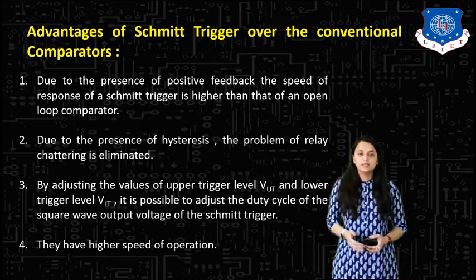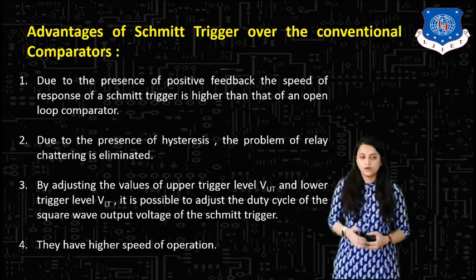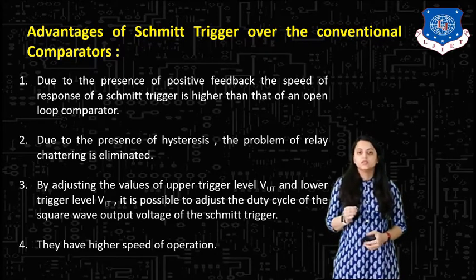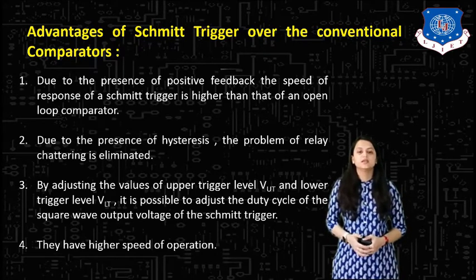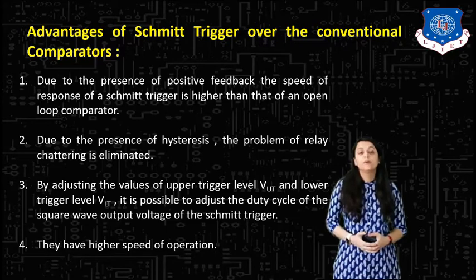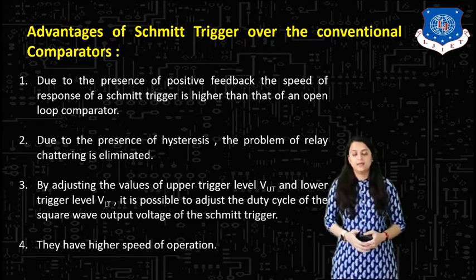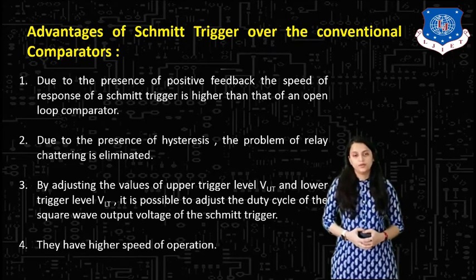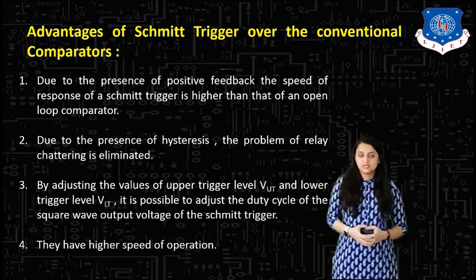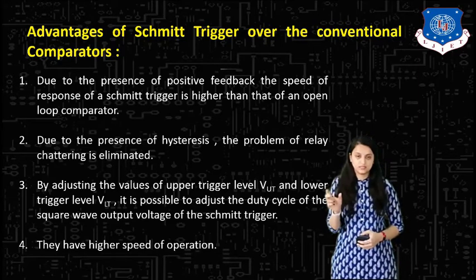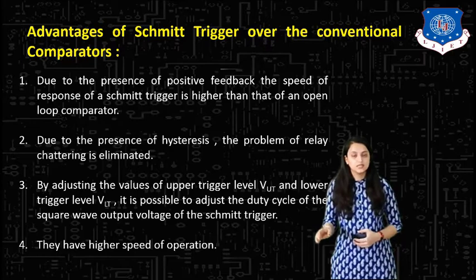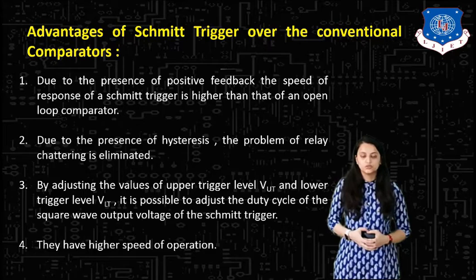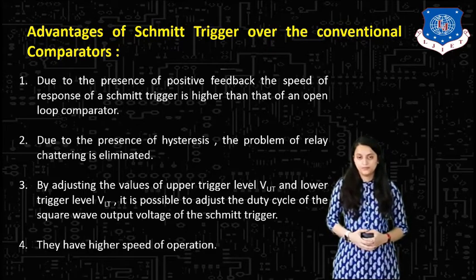As you know, in the Schmitt trigger we are using the positive feedback concept, which is a desired characteristic and the main advantage. Second, due to the presence of hysteresis, the problem of relay chattering is eliminated. So, relay chattering is not there.